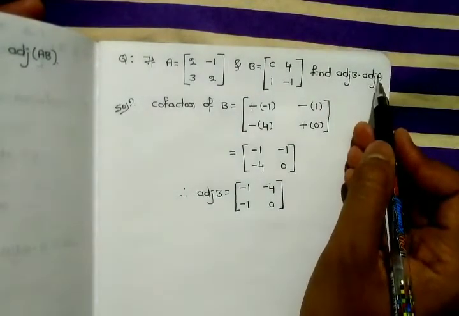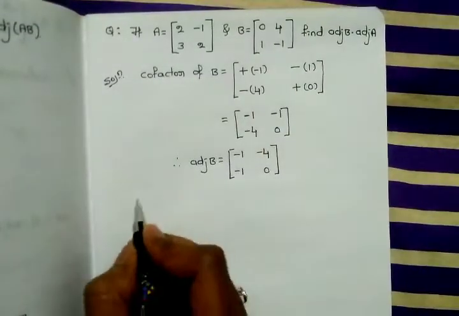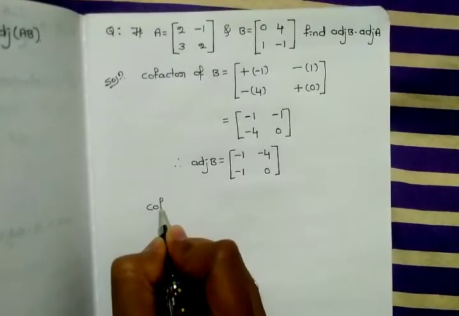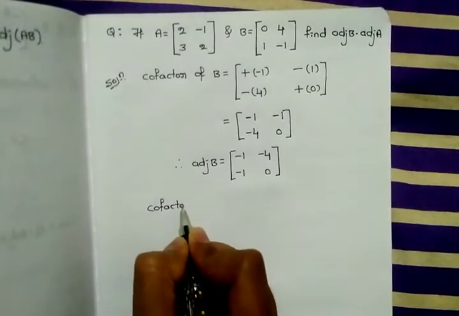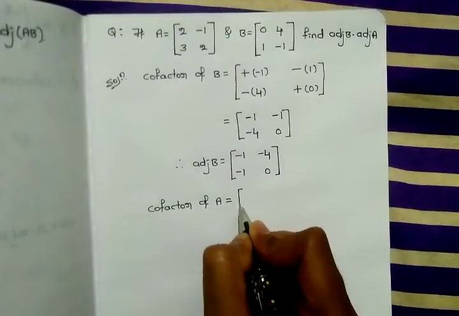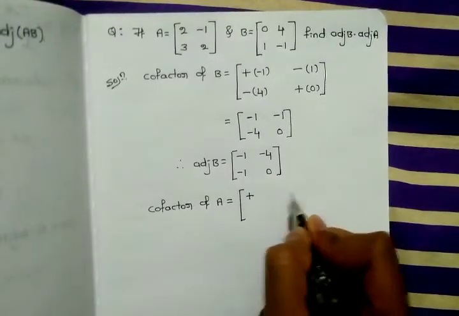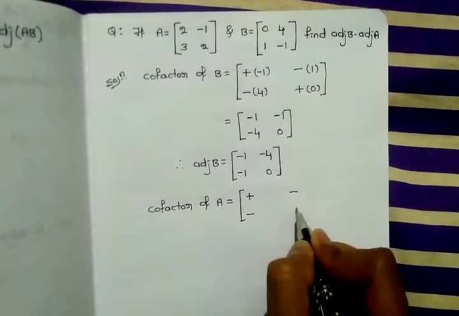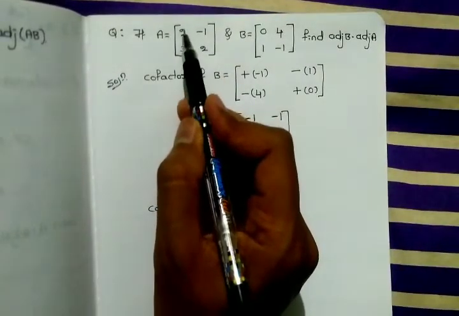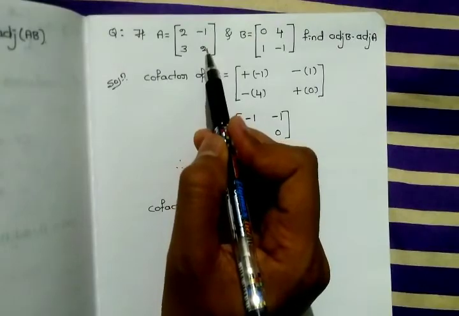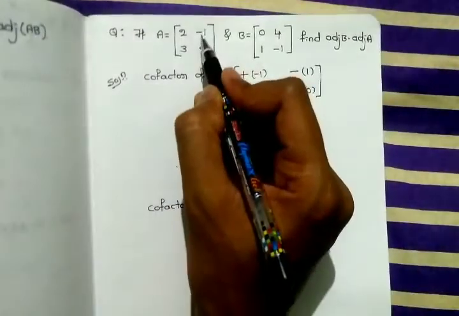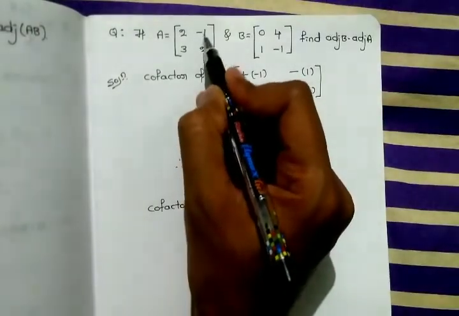Next, adjoint of A is there. Before, find out cofactor of A. Cofactor of A is equals to sign rule you write plus minus minus plus. Here it is A. Delete the column and row. What is the remaining element? 2. So write here 2. Second element is -1. Delete the column and row.